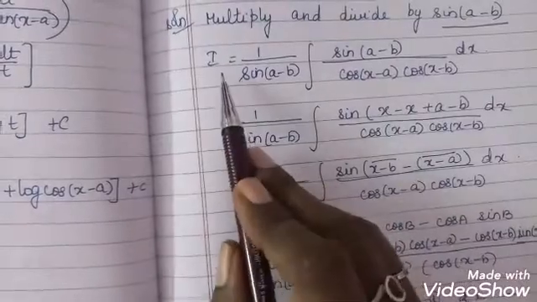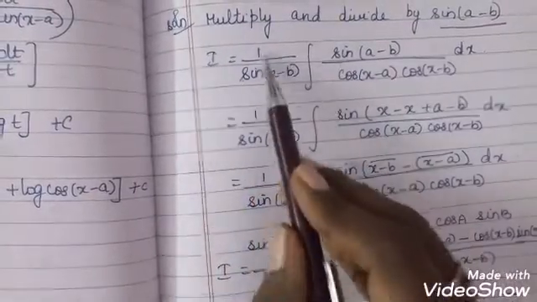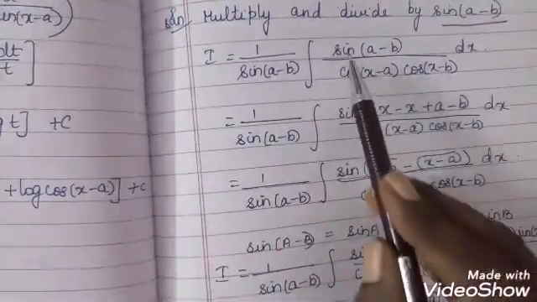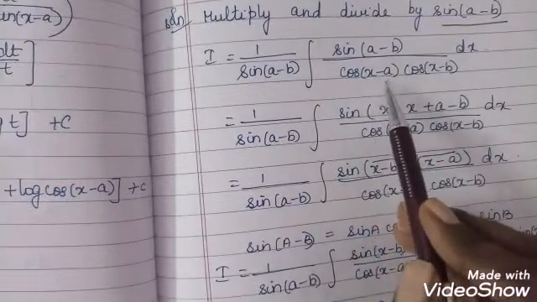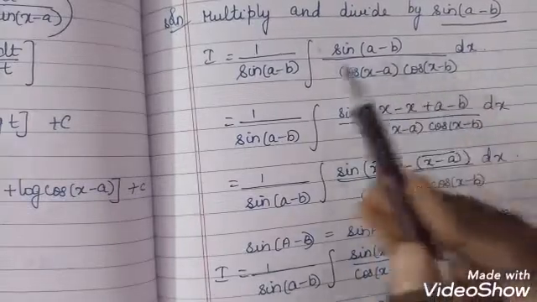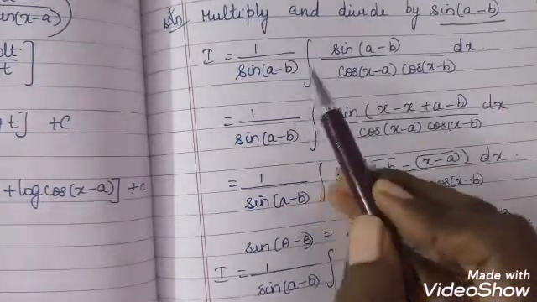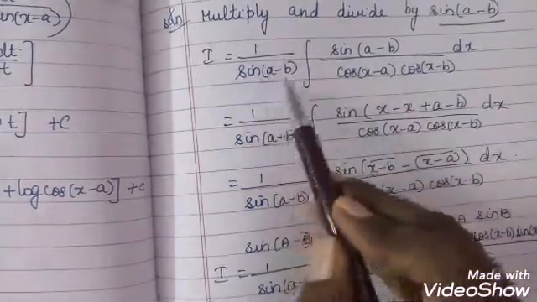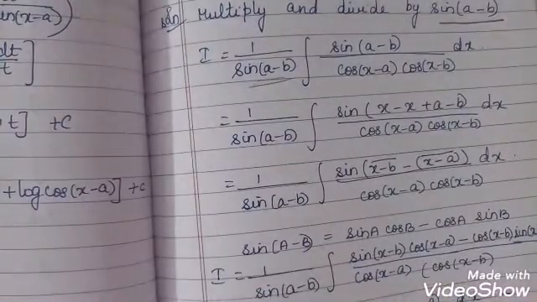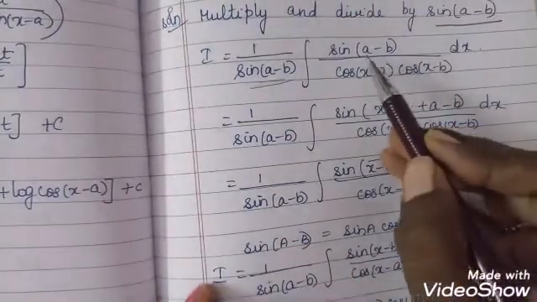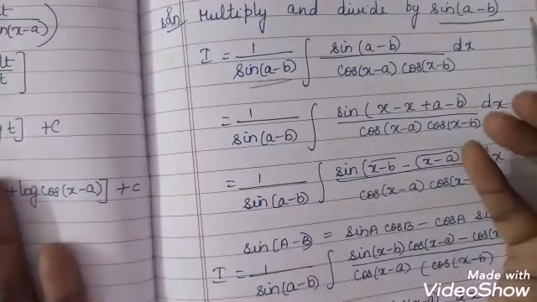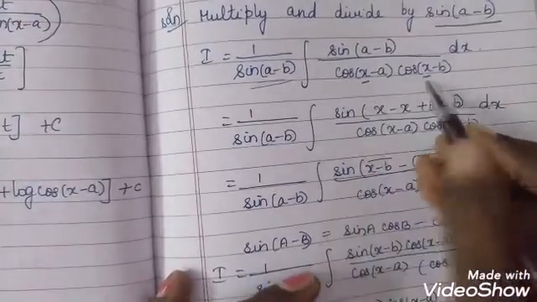So what will I have now? I equals 1 by sine of a minus b into integral of sine of a minus b by cos of x minus a into cos of x minus b dx. Since it's a constant, I have taken the 1 by sine of a minus b outside the integral. So your first step is over. Now again, I cannot apply anything directly, because here I have x and here also I have x.